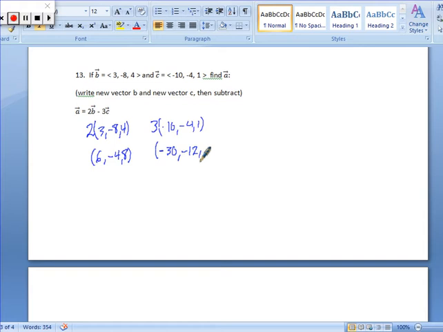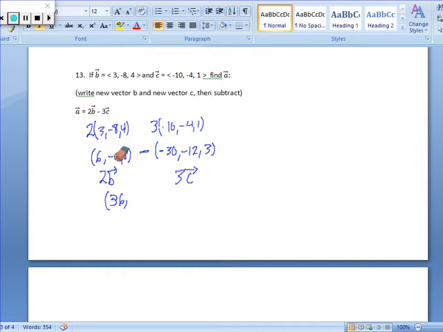negative 12, and 3. And then it says 2b, so here's 2 vector b, and here's my 3c, and I'm supposed to subtract them. So 6 minus a negative 30, that's 36. Negative 8 minus, I'm sorry, that's not a negative 8 right there.